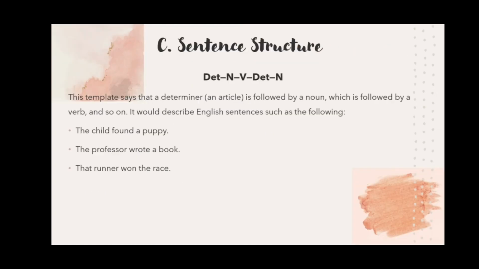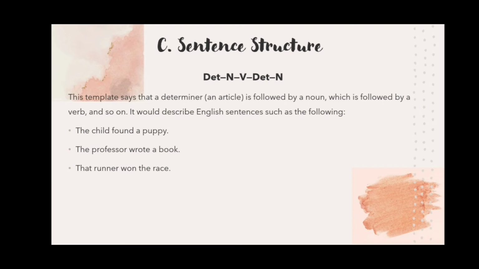And the third point is sentence structure. You can see this is one of sentence structure. That is determiner, noun, verb, determiner, and noun. This template says that a determiner or an article is followed by a noun, which is followed by a verb, and so on. It would describe English sentences such as the following. First, the child found a puppy.